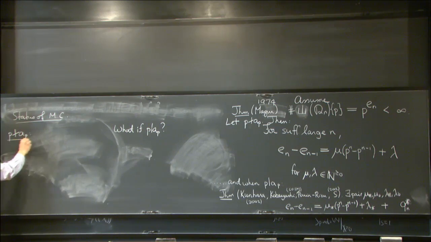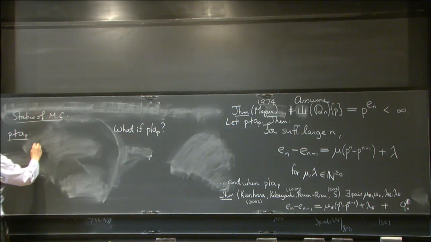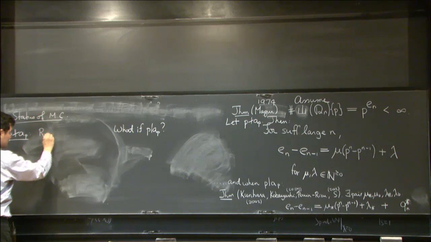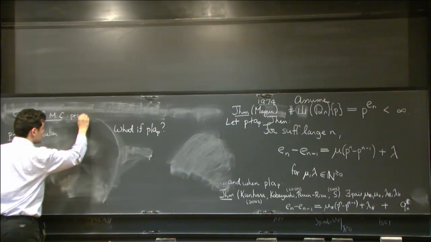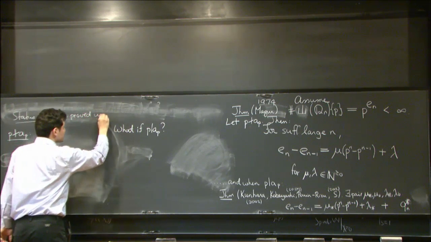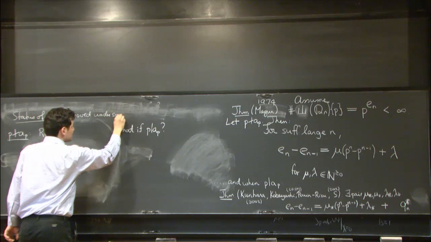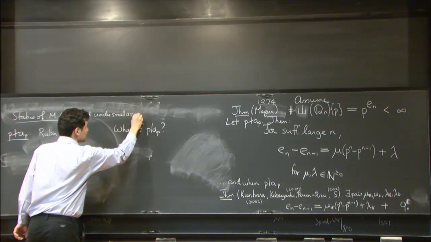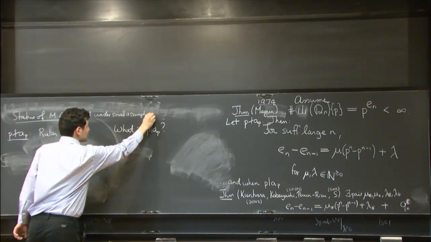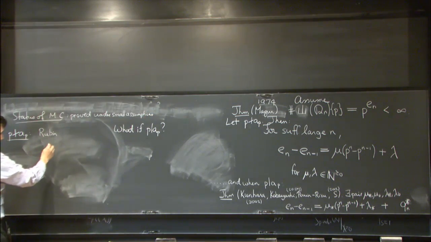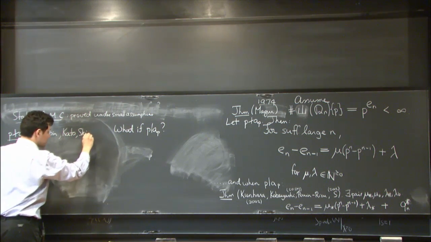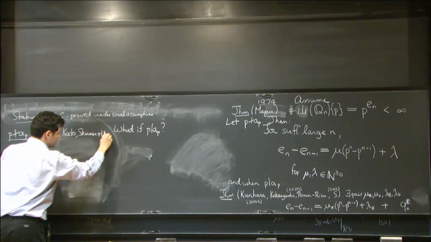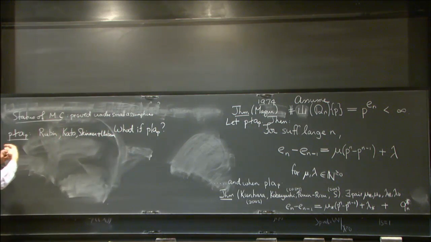In the classical case, when p does not divide a_p, it was work of Rubin first. So it's proved under small assumptions. Rubin in the same case, and then Kato and Skinner-Urban proved the reverse inclusions to each other, so you get equality.